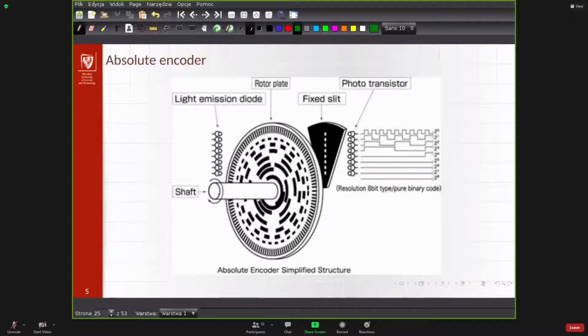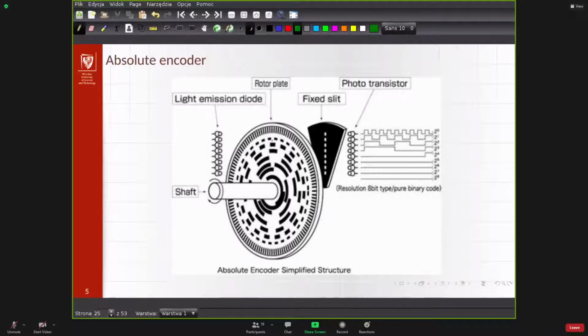So you have a certain axis that is rotating here. At the end of the axis, you have a plate, which has certain markings. The markings are either holes in the plate, or elements that are either transparent or opaque.